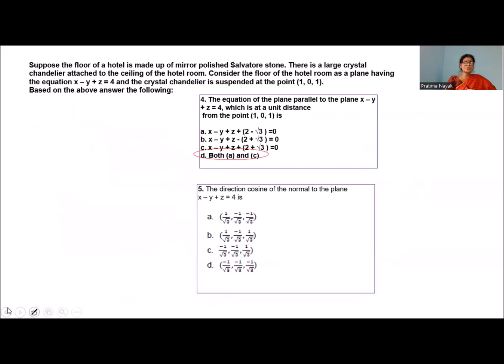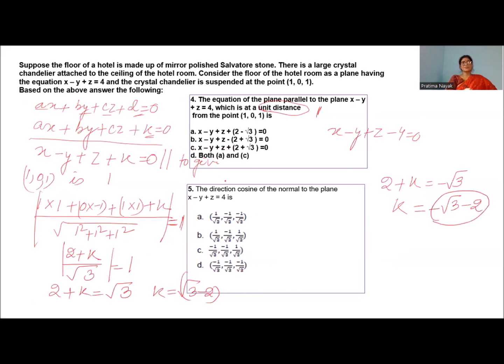If I put down the values in the form of k, either A will be the answer or C will be the answer. Both will be the answer. K is any constant; it can be a multiple of k. Here, either both are positive, so C is the answer, or one is positive, one is negative, so A is the answer. B cannot be the answer.